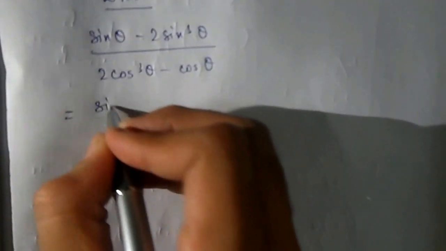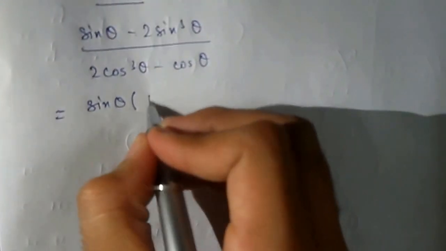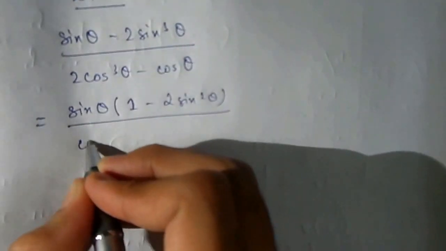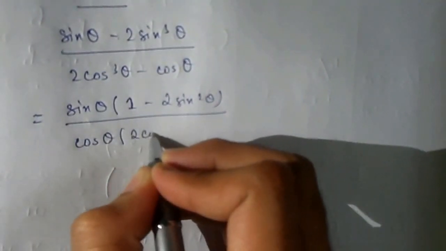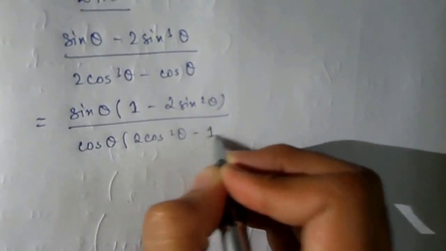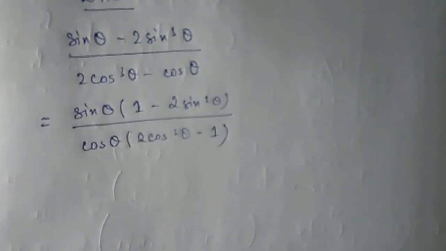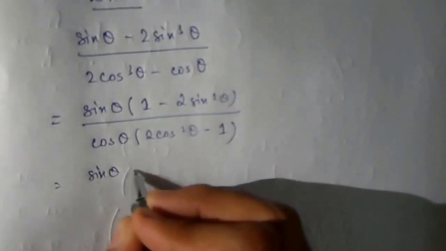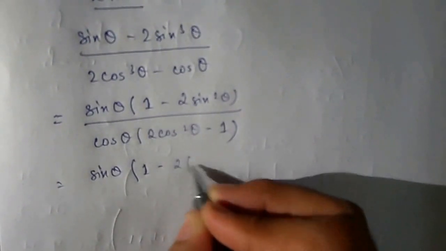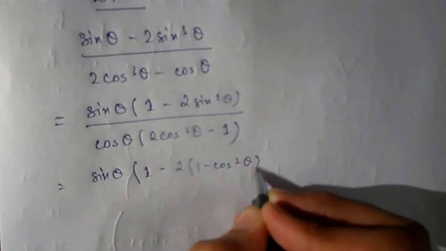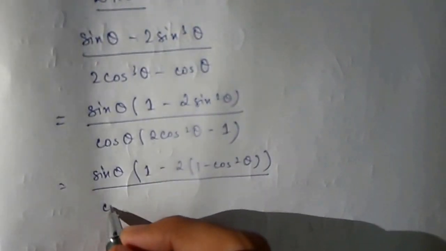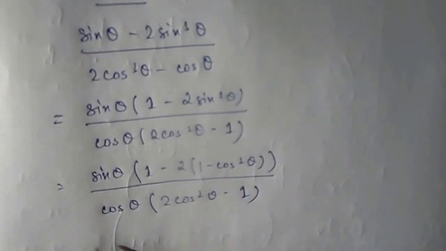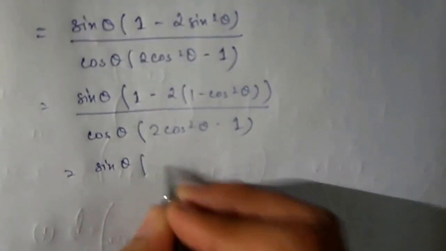Taking sin theta common from the numerator, it will be 1 - 2 sin square theta, and taking cos theta from the denominator, it will be 2 cos square theta - 1. Now sin square theta equals 1 - cos square theta, so we will put this over here: 1 - 2(1 - cos square theta) and we won't touch anything in the denominator.